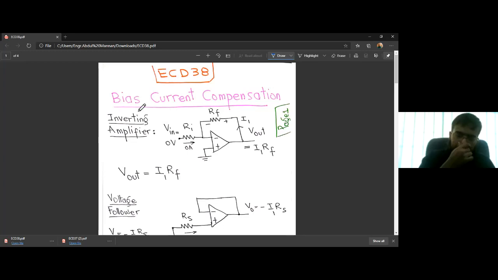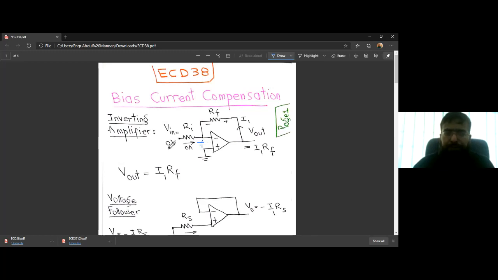Bias current is the current that we get from the output to the input terminal, or flowing into the input terminal, when we don't expect it. For example, for an inverting amplifier, this point is virtual ground and there should be no current flowing if we apply a Vin equal to 0 volts.